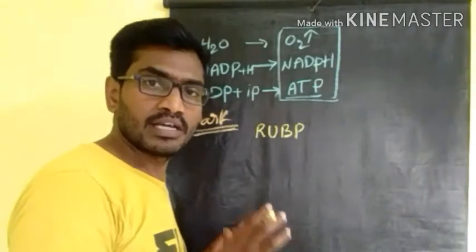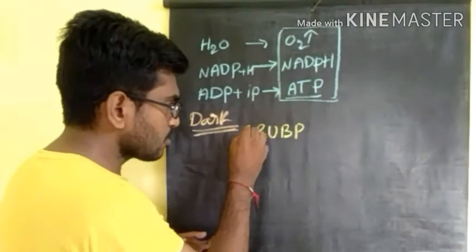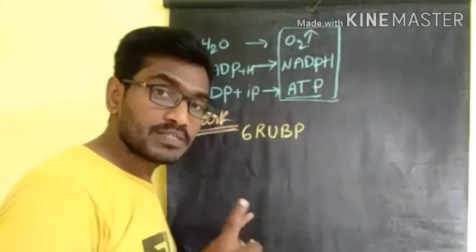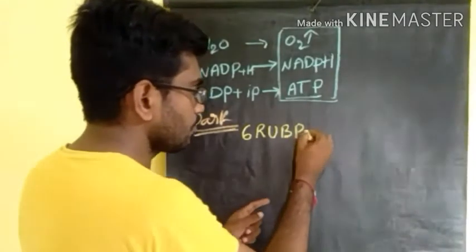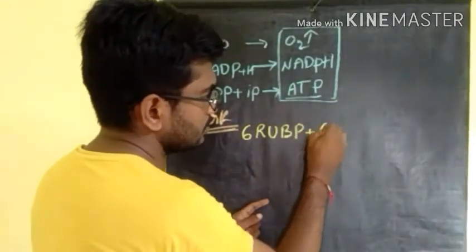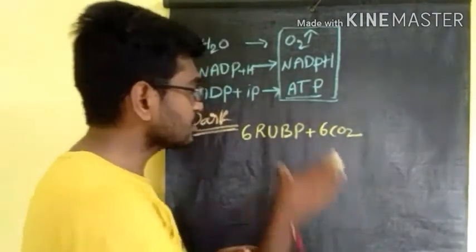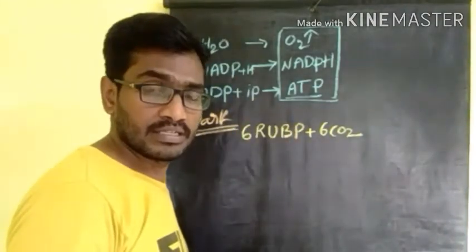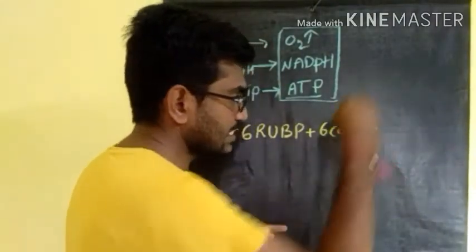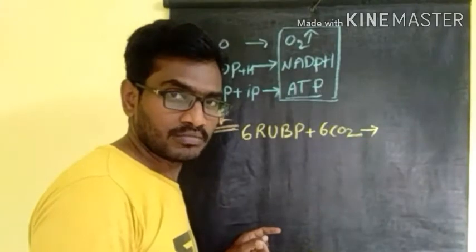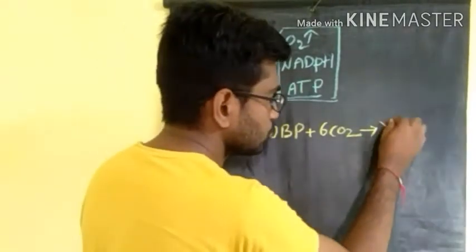Here 6 molecules of ribulose 1,5 bisphosphate bind with 6 molecules of carbon dioxide and form a 6 carbon compound, a hexose sugar.